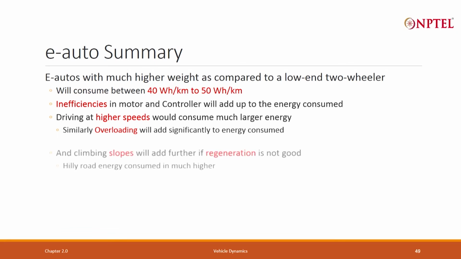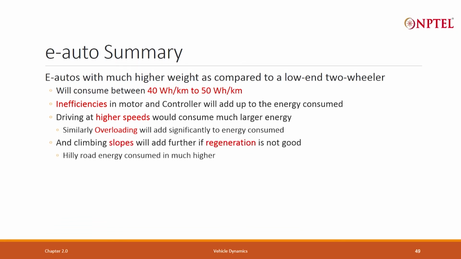If you climb slopes, you will use more energy, well, range will go down. The key thing is that you are not climbing slopes all the time. Of course, if the regeneration is good, it will only marginally impact.